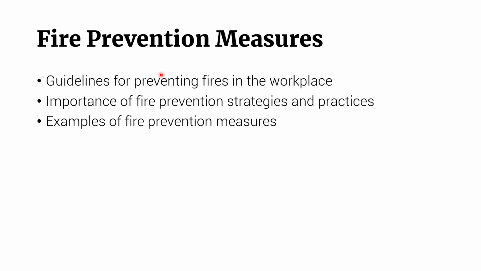Kasi pag nag-spark at tumalsik dun sa, for example, saan ba pwedeng tumalsik yun? Sa mga generators, sa mga combustible materials, pwede mag-spark and pwede mag-produce ng apoy. Okay? So those are the guidelines that we have to always keep in mind to prevent fires in the workplace.